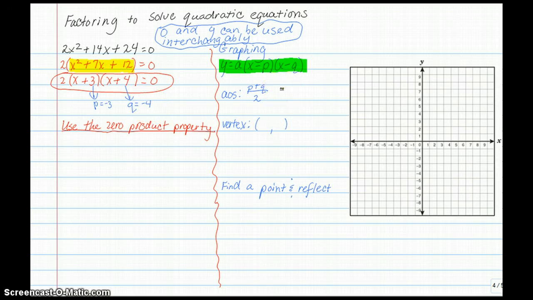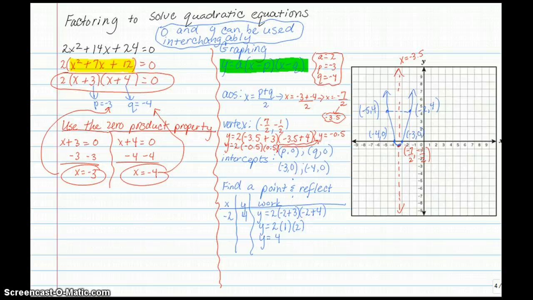So we would have the x-intercepts of this particular point. Let's go ahead and put intercepts here. They are going to be p, 0 and q, 0. So -3, 0, and -4, 0. And then we're going to plot those.